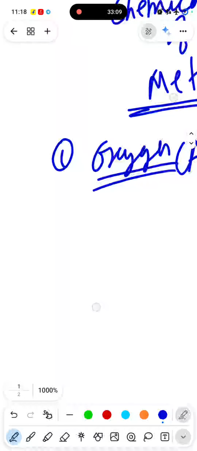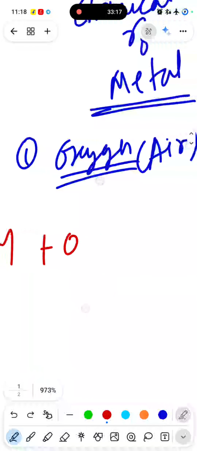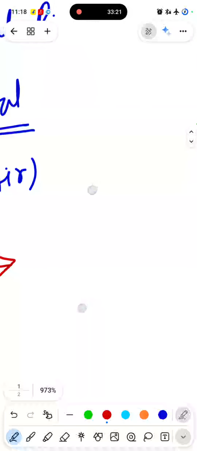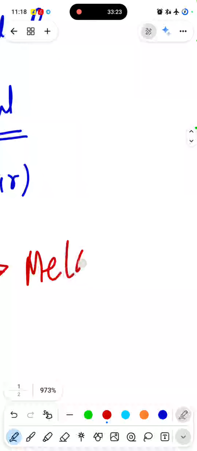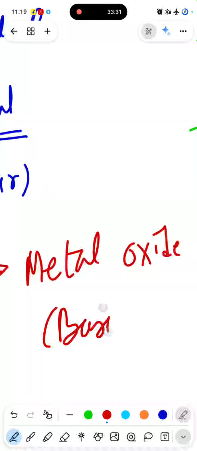So when metal, I'll represent metal as M, reacts with oxygen, it goes into a chemical reaction and forms metal oxide. And metal oxide is basic in nature.